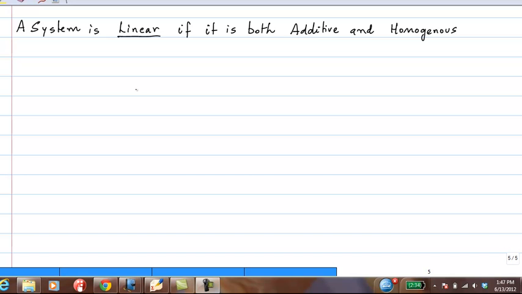Recall that we just defined a system as being linear if it is both additive and homogeneous.